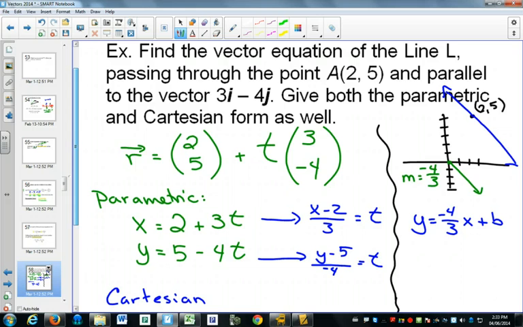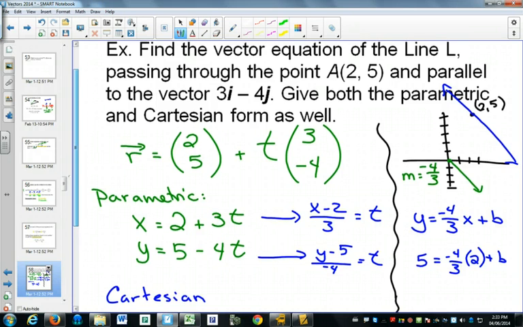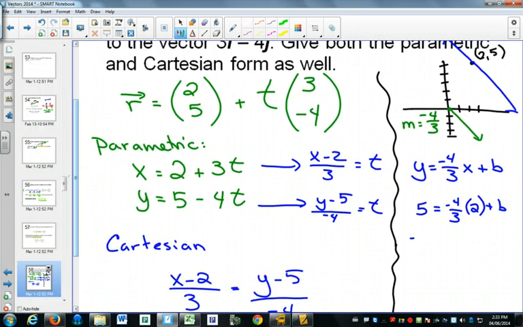Plug in 2 for x and 5 for y. So then you'd have 5 equals -4 over 3 times 2 plus b. So you'd have 5 equals -8 over 3 plus b. Add the 8 over 3 to the other side. And 5 is 15 over 3.